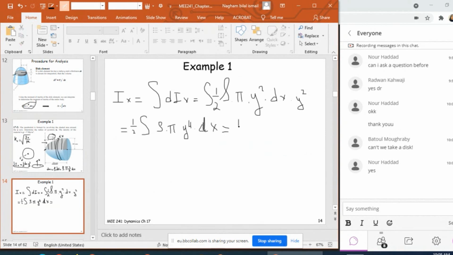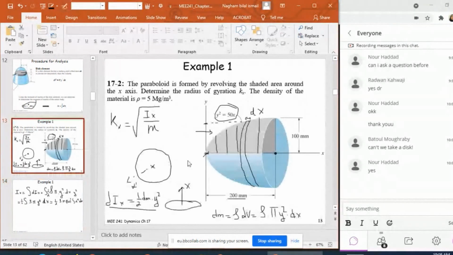All right? So it is half rho pi 50 squared, integration of x squared dx, and don't forget that this x is going from 0 to 200. If this y-axis is here at the middle point of this paraboloid, then I have to take x from minus 100 to plus 100.